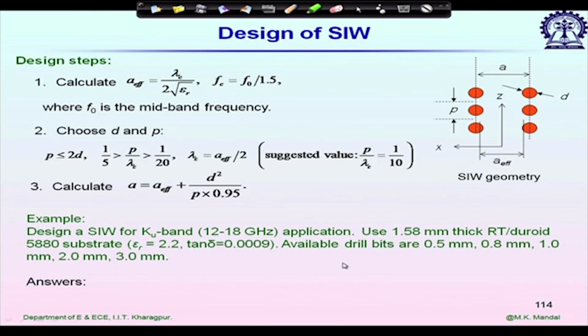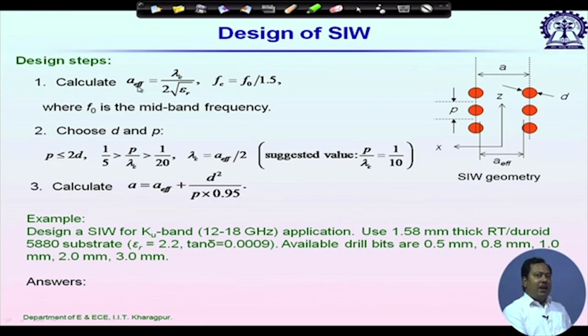For that you have to calculate D, P and A. We can utilize these 3 steps and then calculate one by one. So, what should be the first step? The first step is the calculation of A effective. Now, the band of operation is given as 12 to 18.